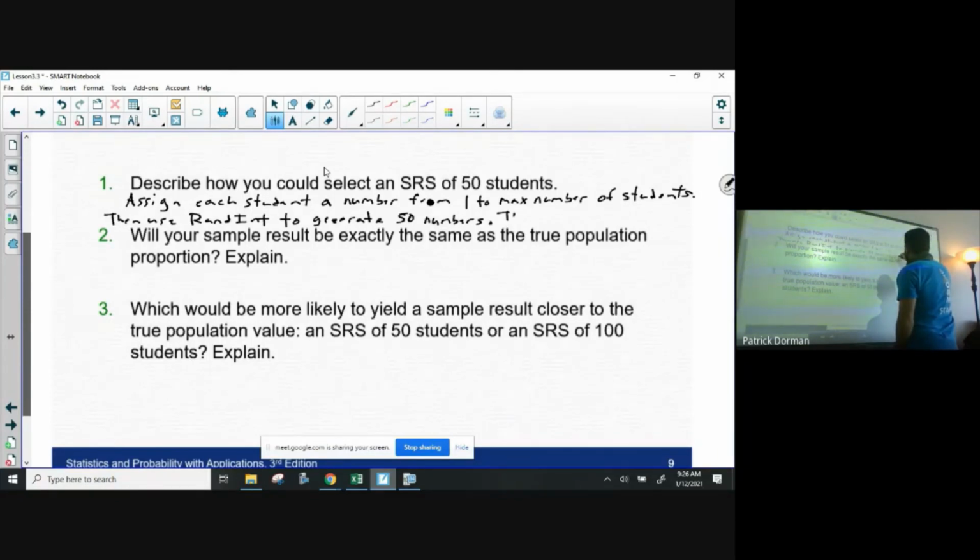The students assigned to those 50 numbers are selected. Should have had more room.